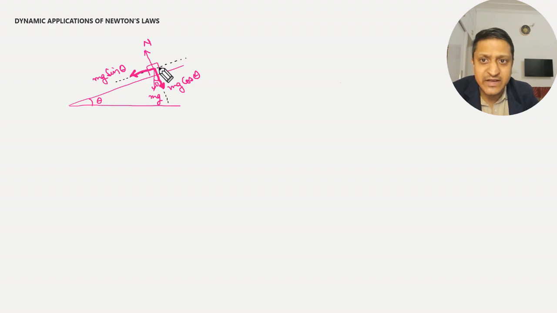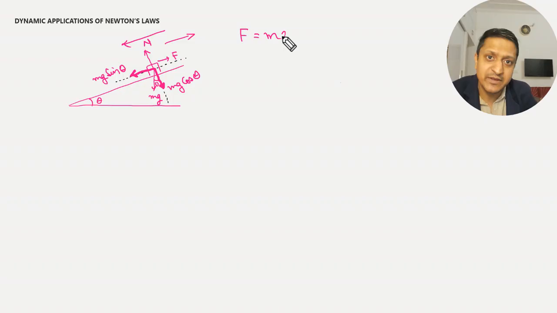If this object moves in this direction, you go accordingly, and in the other direction it depends, because there will be some forces over there. If it is moving in this direction, then the net force F equals ma.